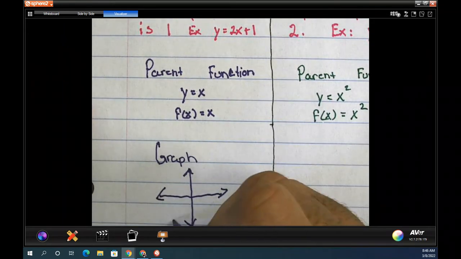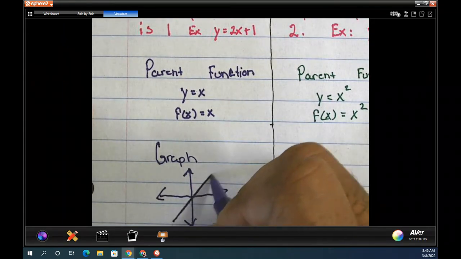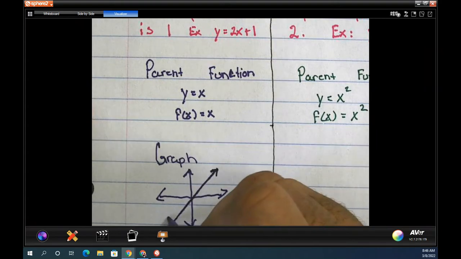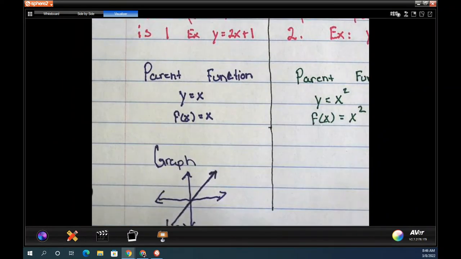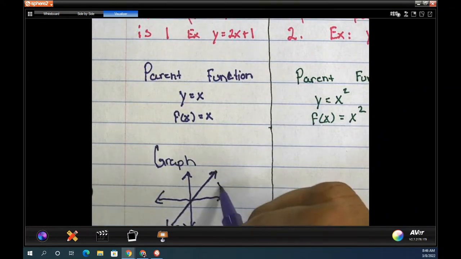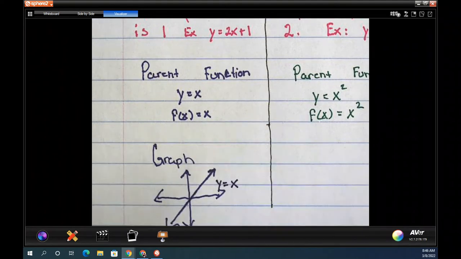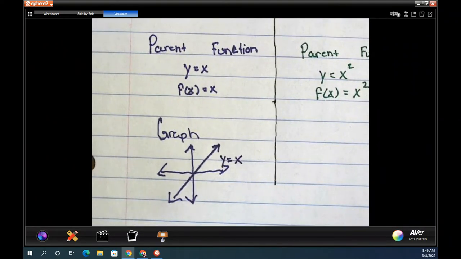Here's the graph of y equals x. The slope is 1. You should know that. And it goes through the origin. There's the parent function graph. This is y equals x. That's what that graph looks like.